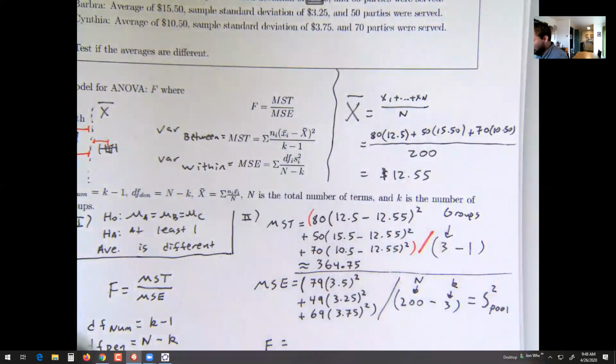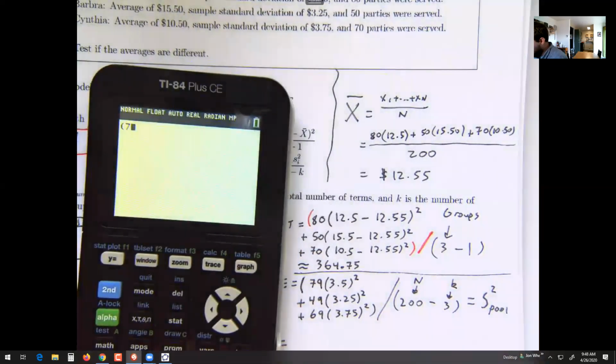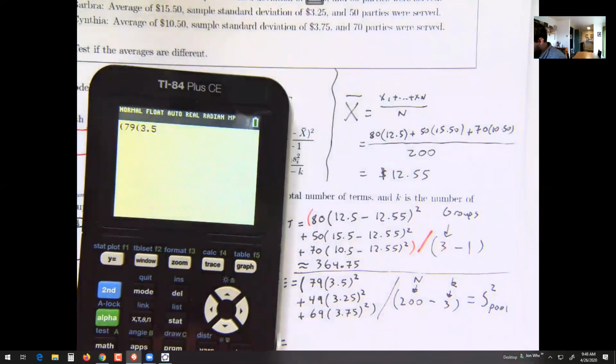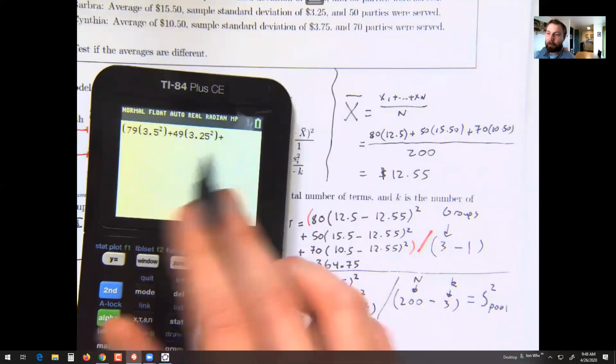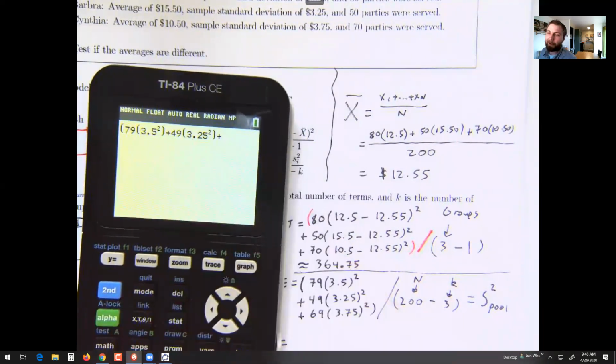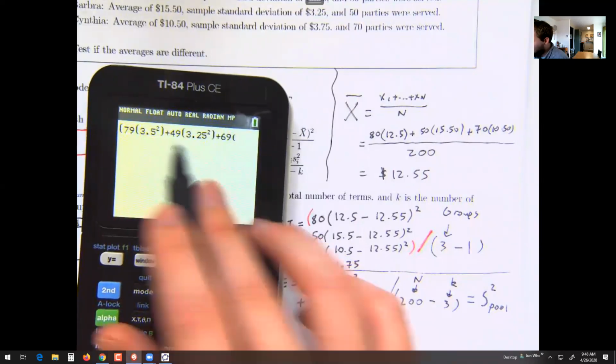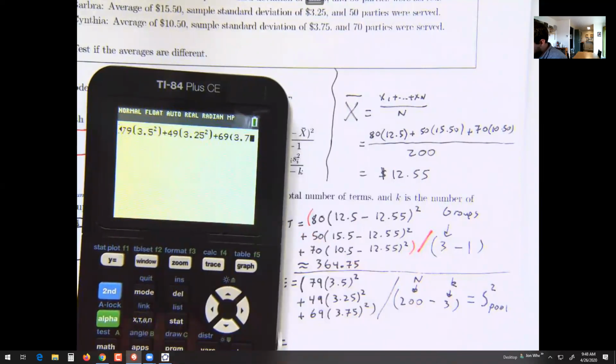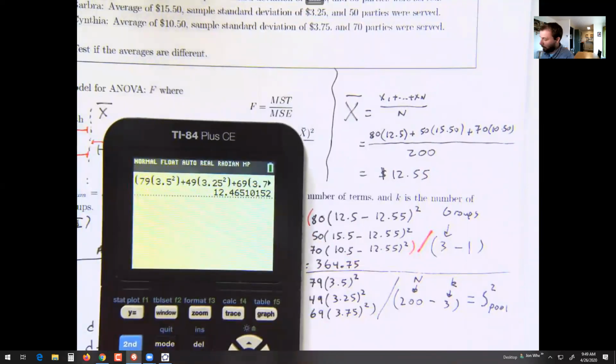So I'm going to type this into my calculator. The .25 squared is the same thing if that square is on the inside or the outside. I don't even need parentheses here. I'm just trying to show you the difference between the degree of freedom and the variances. And I get 12.465 or so.